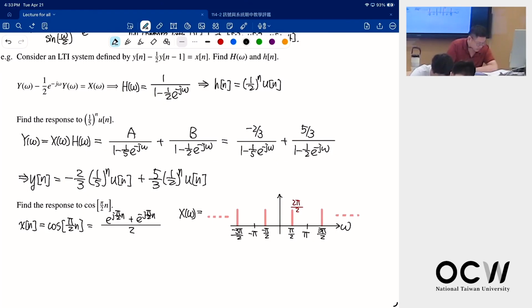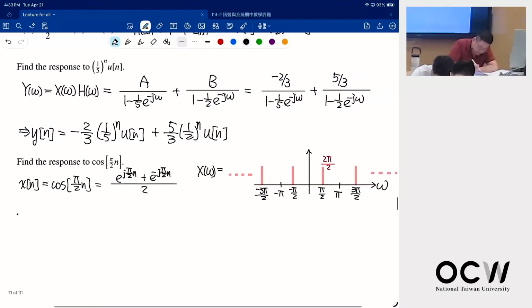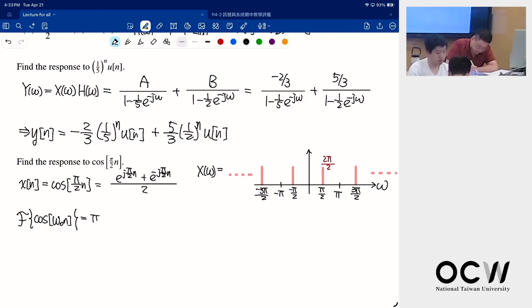Okay, in math expression, cosine omega naught n is pi times the delta function, shifted to the right and shifted to the left.